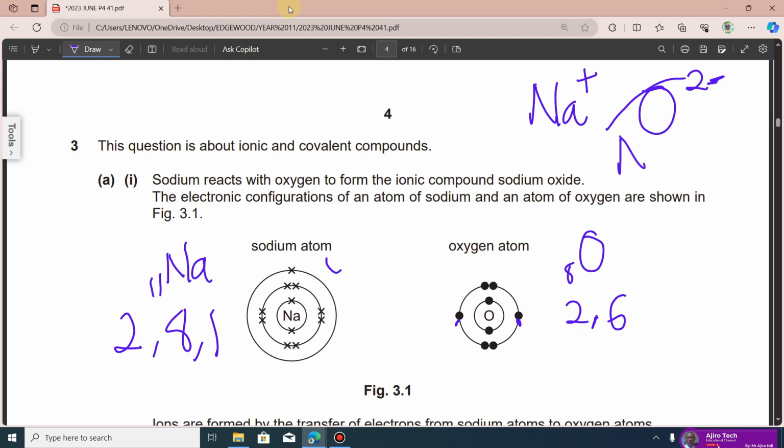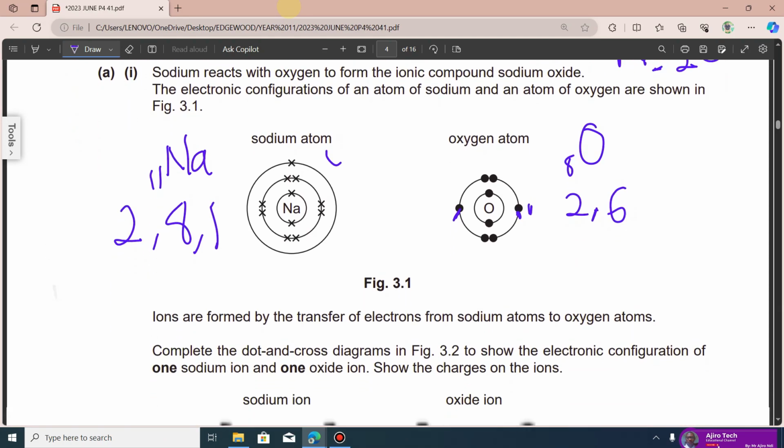So we're going to have a formula like Na2, and then the 1 comes down to meet oxygen, so we have O. So what we're trying to establish here is that if sodium is to go into an electrovalent or ionic bond with oxygen, you are going to need 2 sodium atoms to bond with oxygen. The first sodium will donate the first electron to this space, and then the second sodium will donate to this second space. So that needs to be understood first.